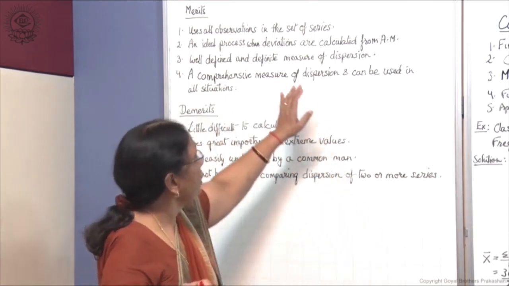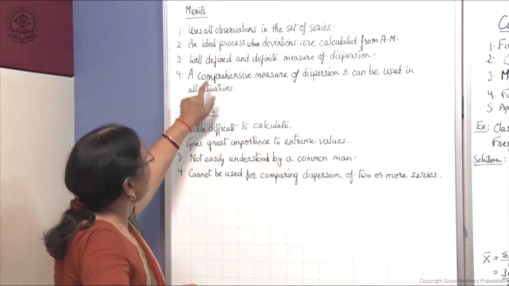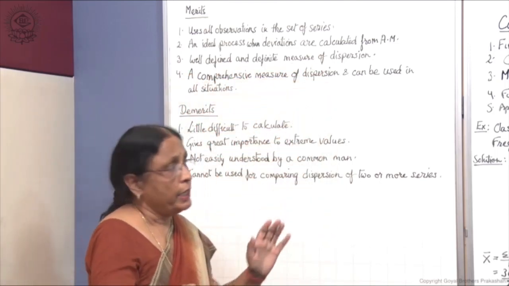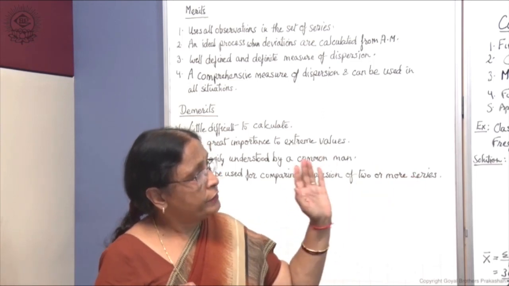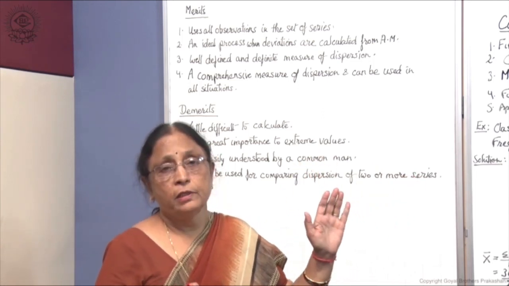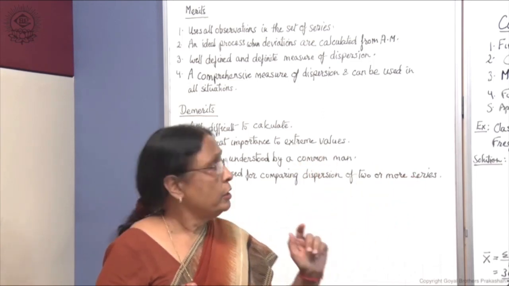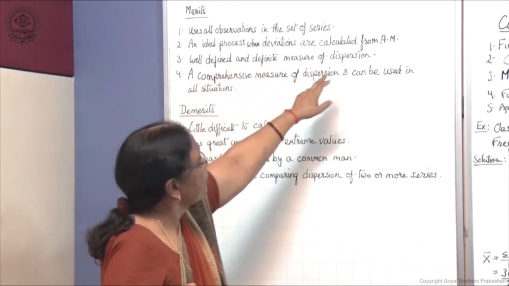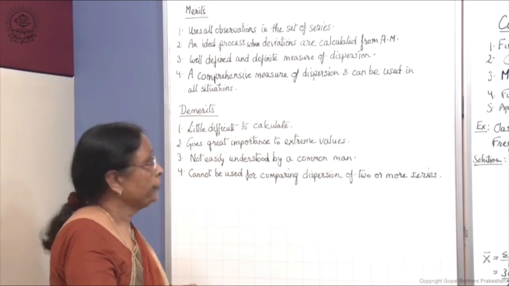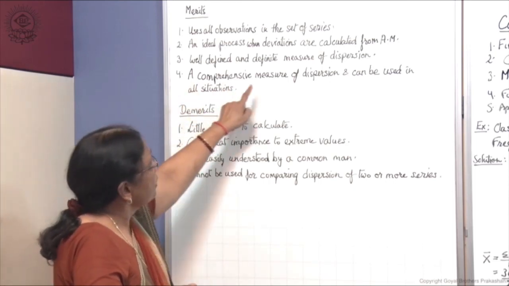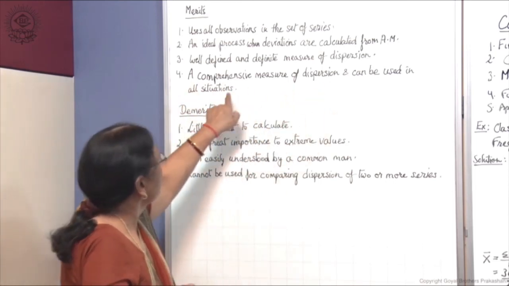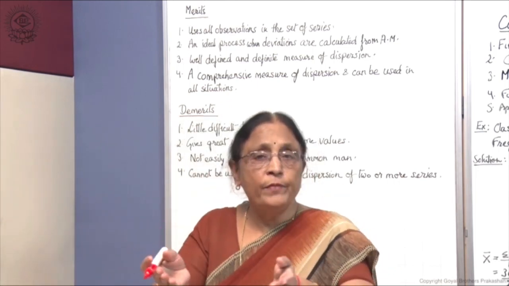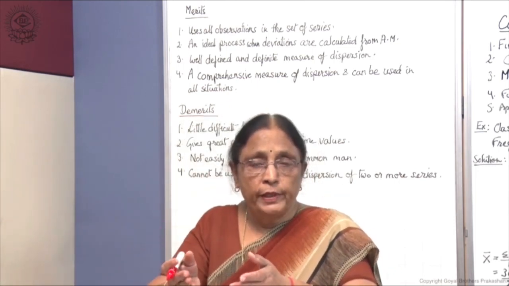So this is considered to be a very good measure of dispersion, a well defined and definite measure of dispersion, as it is very clear, it is well defined, it is systematically calculated. A comprehensive measure of dispersion and can be used in all situations, as it is a comprehensive measure of dispersion, right.